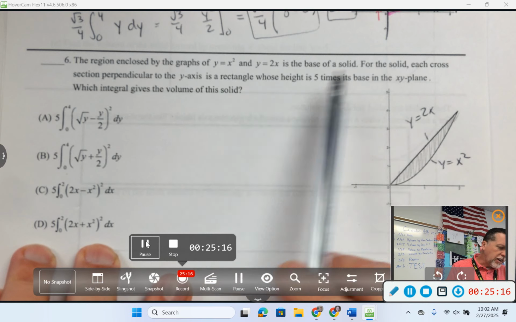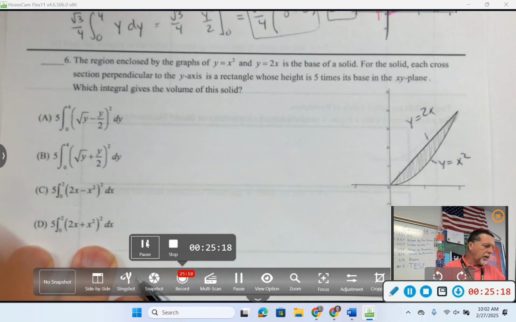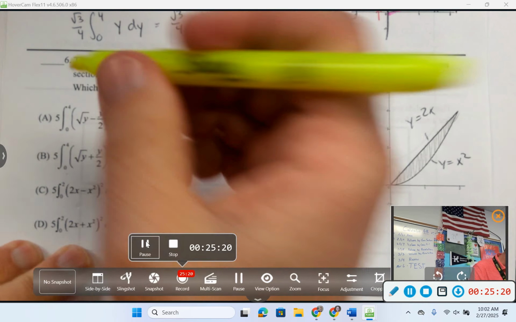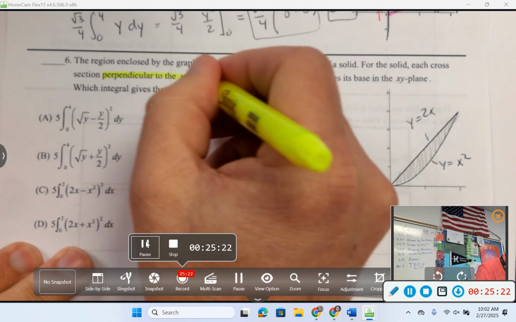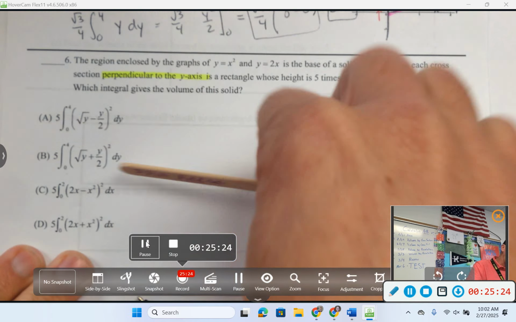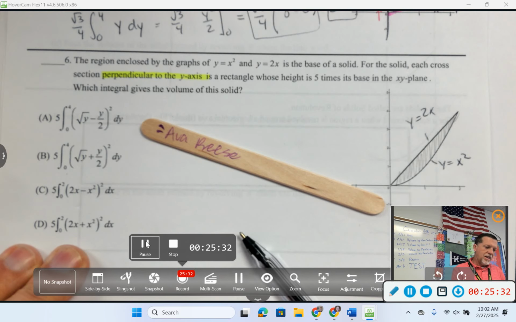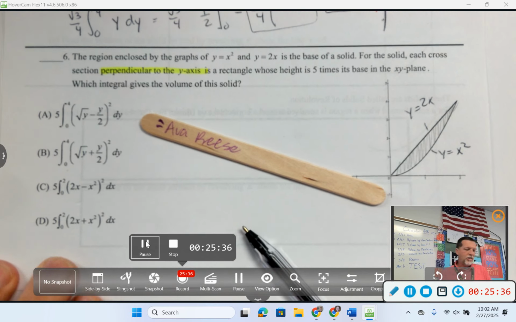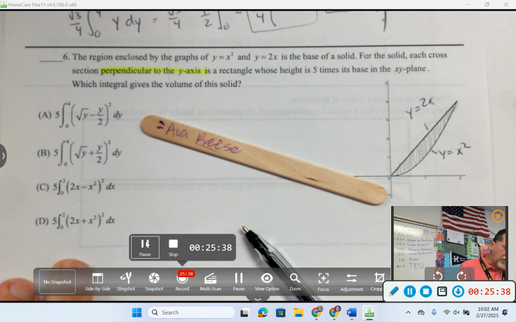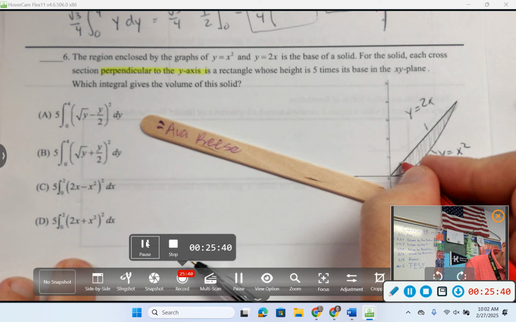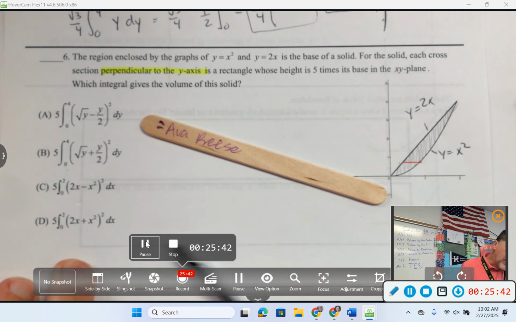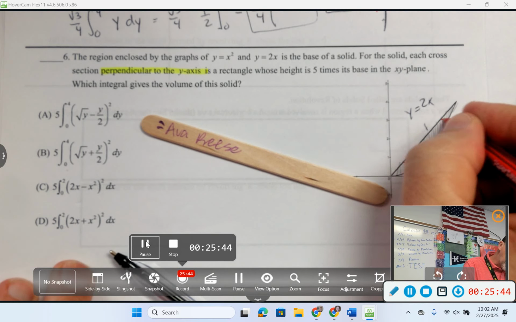For the solid, each cross section perpendicular to the y-axis. What's that mean in terms of this problem, Ava? And actually, that can help us narrow down our answer choices right away.